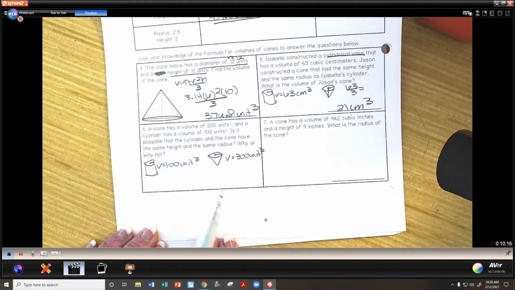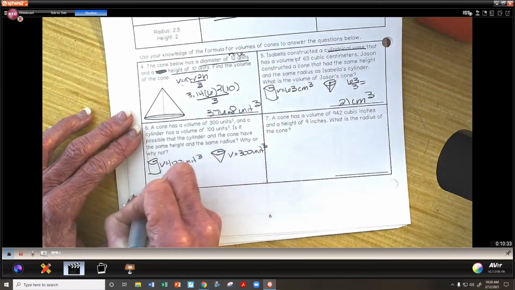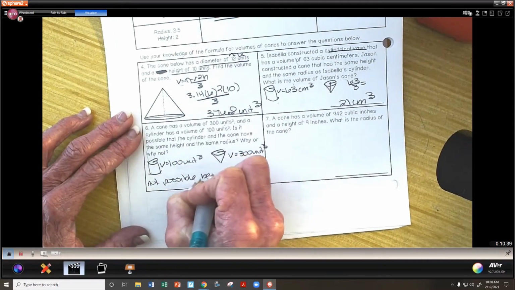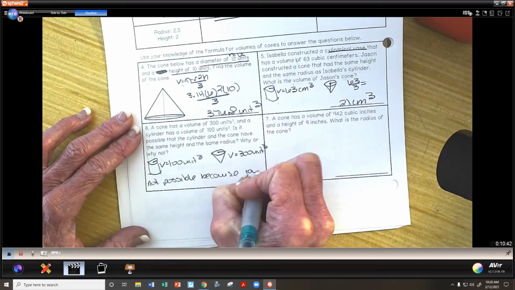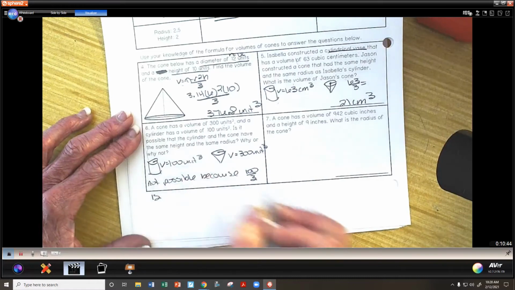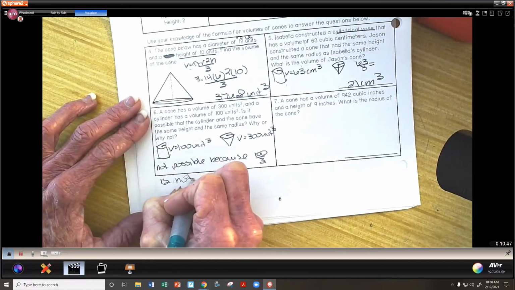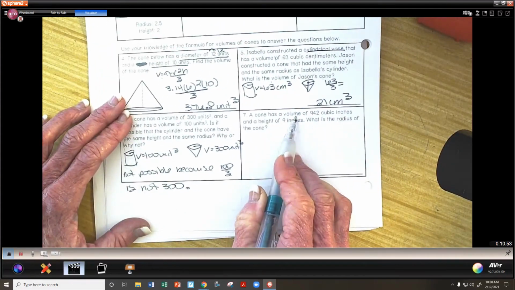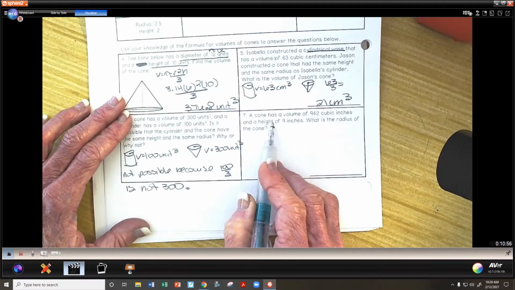Well, remember a cone is 1/3 a cylinder, so a cone's always going to be less. Is 100 divided by 3 300? No, it's not. So it is not possible because 100 divided by 3 is not 300.